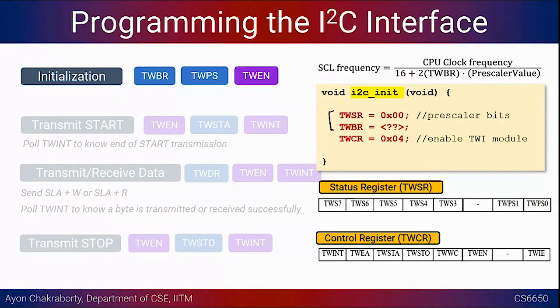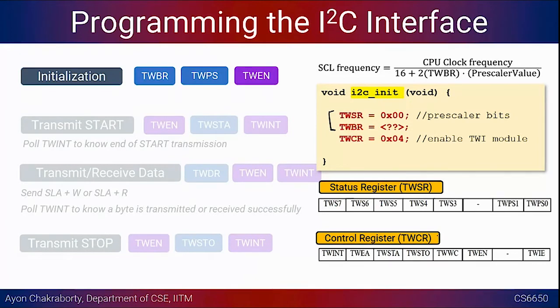So this will determine your clock frequency, and then you want to enable the TW module, the two-wire interface module, and for that you have to enable that particular TWEN bit, which is in the control register.